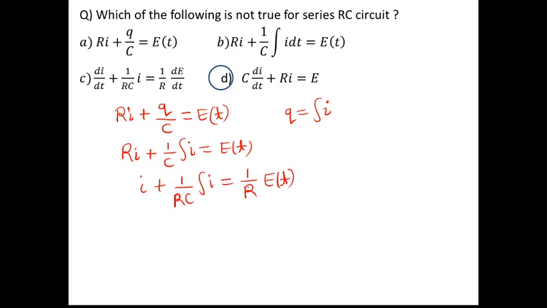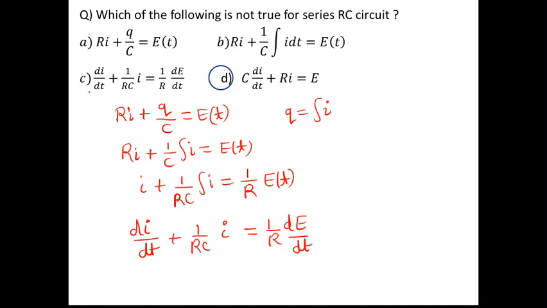Then differentiating with respect to t, we find di by dt plus 1 by RC, which is a constant, and the derivative of the integration is the function itself, so I, is equal to 1 by R, and E being a function of t, it is dE by dt. In this way we have a differential equation in terms of I for a series RC circuit.